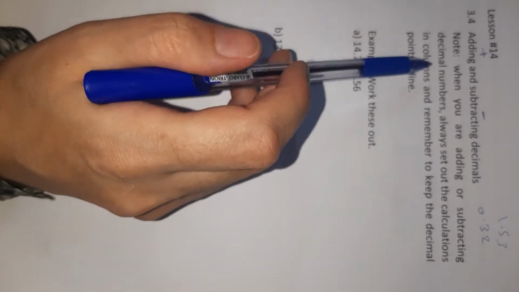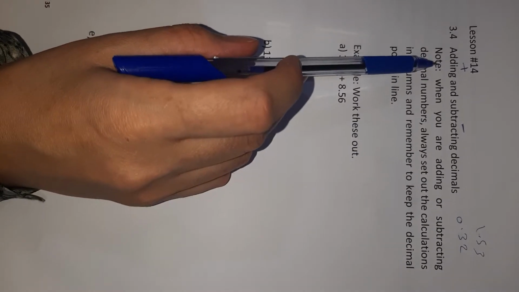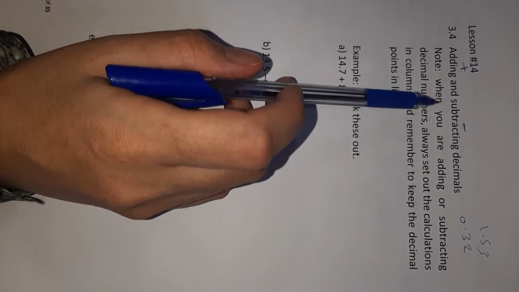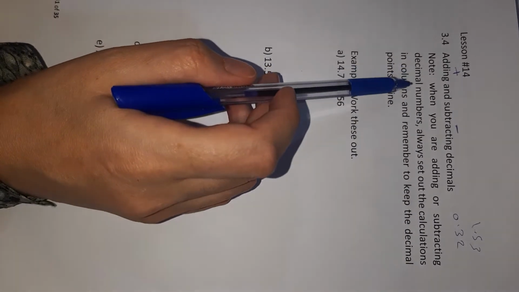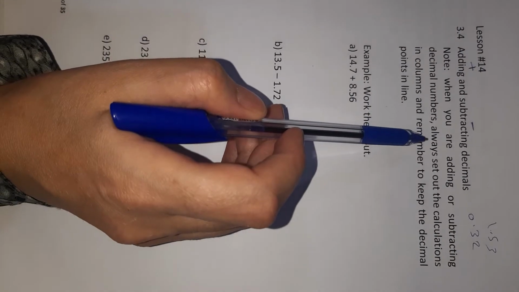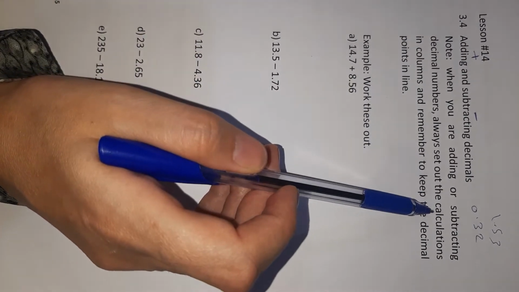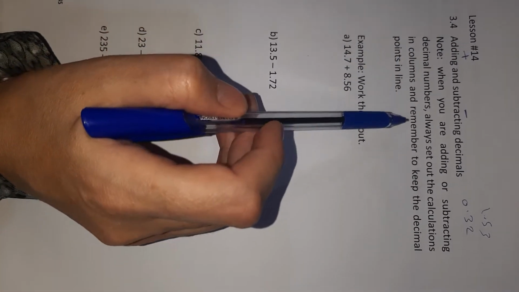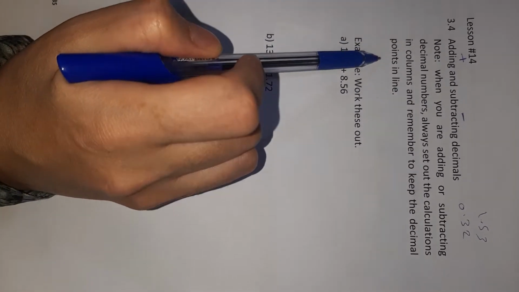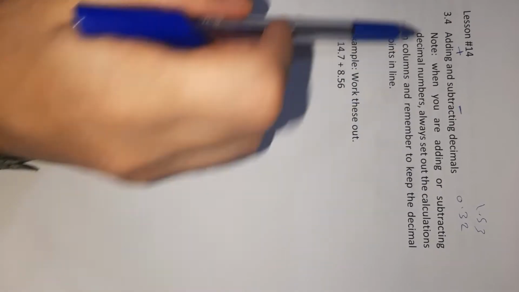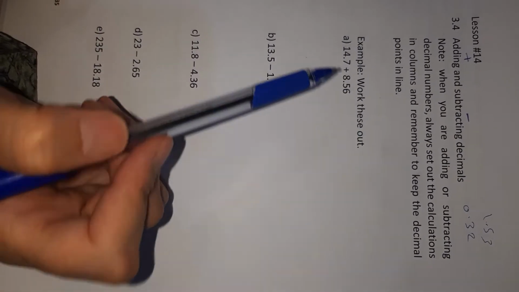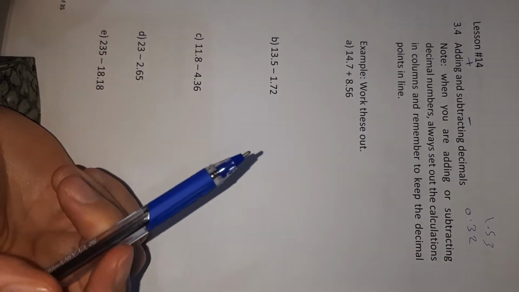Now, let's take this note, how we can add and subtract decimals. When you are adding or subtracting decimal numbers, always set out the calculations in columns and remember to keep the decimal points in line. I explain this note by using the following example.